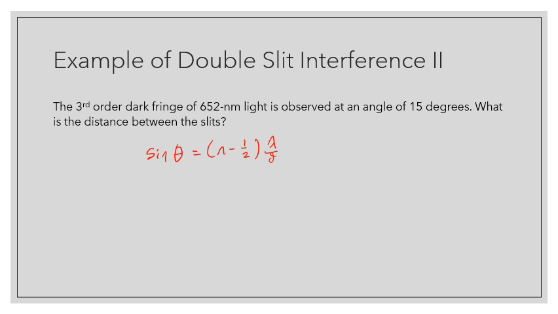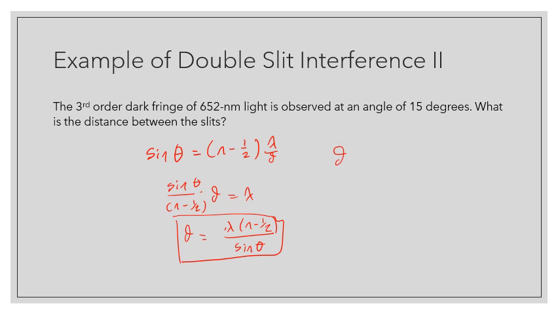So sine theta over (n minus 1/2) d is equal to lambda. So d is thus equal to lambda times (n minus 1/2) over sine theta.